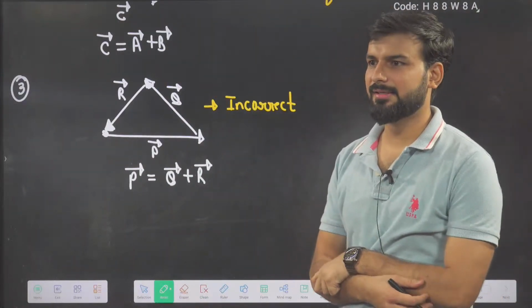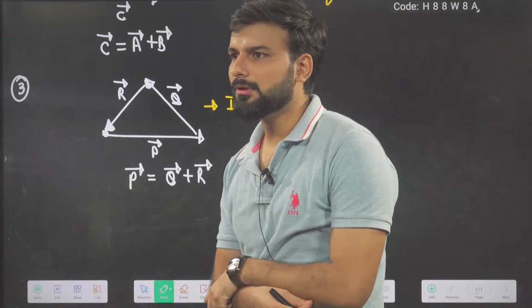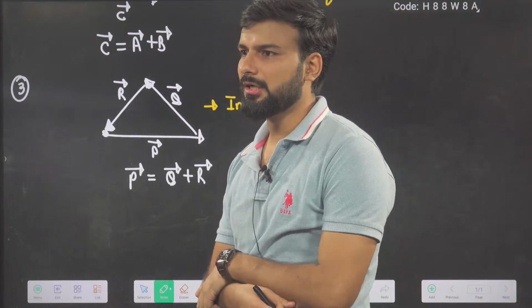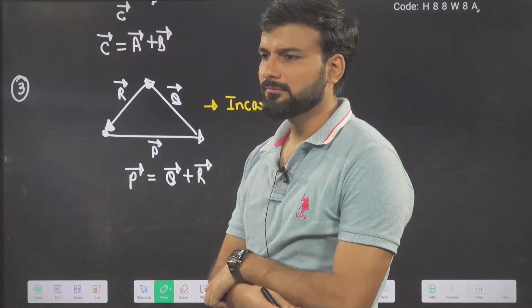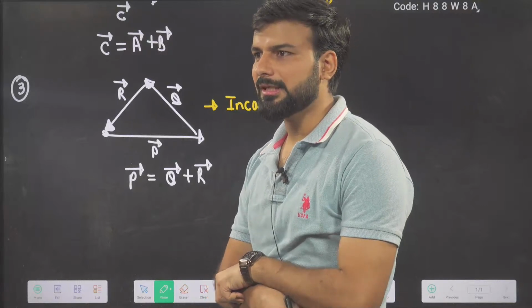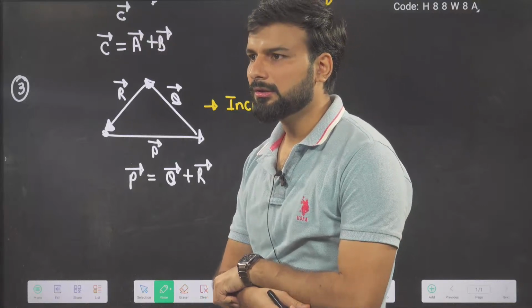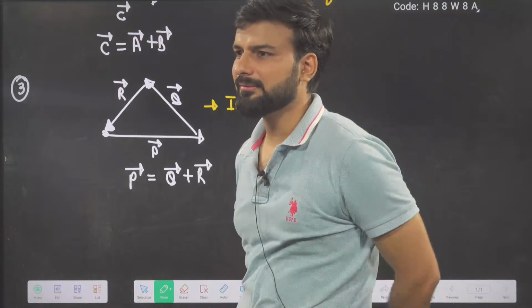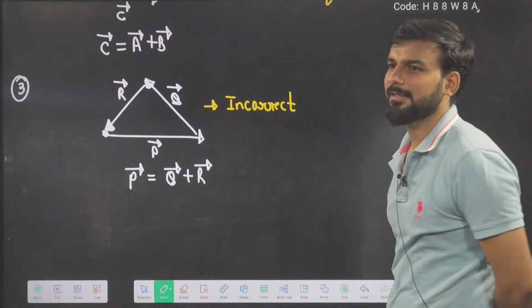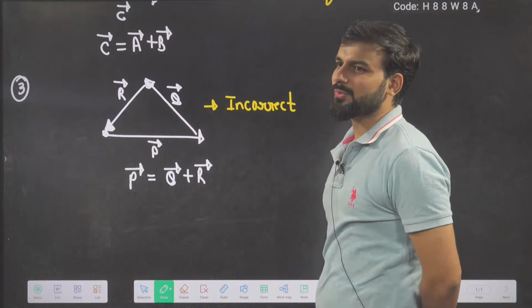No answer. P plus Q. ये कौन बोल रहा है? Explore with Hanshika. तो someone's name is Explore with, ये क्या है? Gone. Nobody is giving the correct answer. देख बेटा, try to figure out which one is the resultant.